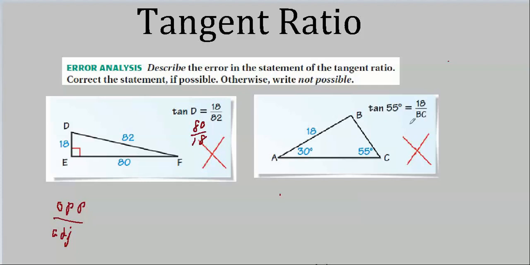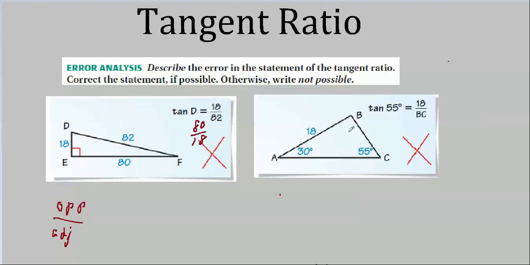Tangent of 55 degrees. Well, there's 55. There's the opposite leg. So normally this would make perfect sense, wouldn't it? 55, opposite, there's adjacent.